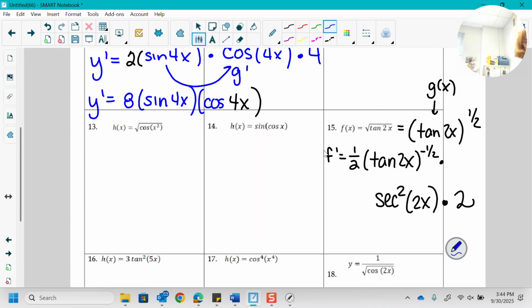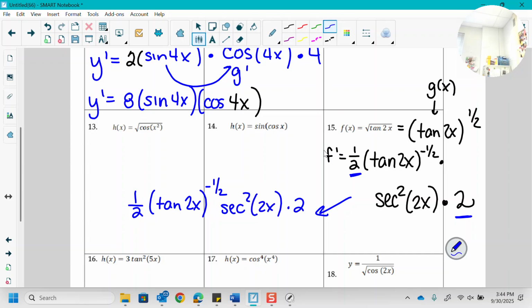Remember, the nice thing about a video is that you can always stop it and roll back to look and see what we did. Simplifying this, I'm going to come over here just to give myself some room. If I look at what all that looks like, it's a 1/2, it's a tangent 2x to the negative 1/2, it's a secant squared of 2x, and it's a 2.